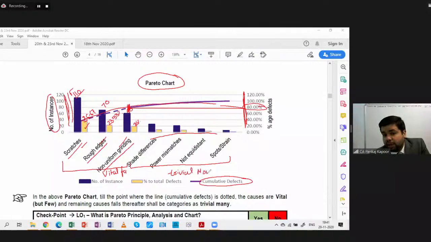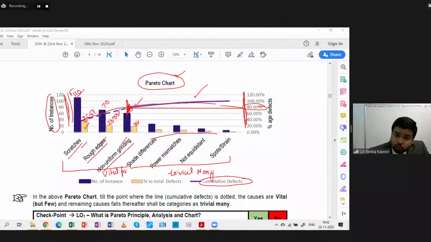So, a Pareto chart is nothing but a graphical presentation of the Pareto analysis. The Pareto chart uses this curve to highlight up till where the defects need to be focused on by management, and which defects can be ignored currently by management.